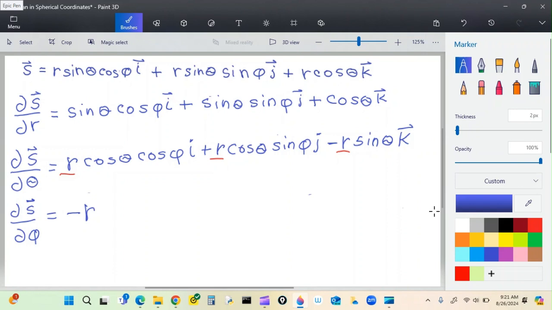The sine theta doesn't change, and the cosine changed to a sine because we put the minus sign out front. And all that is a coefficient of this i thing here.